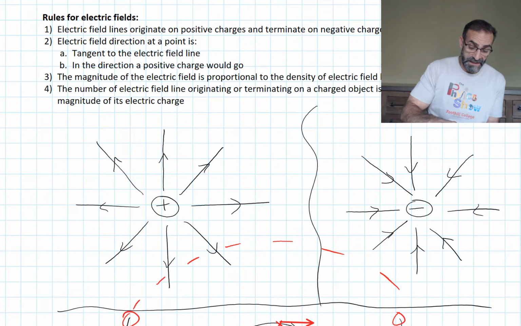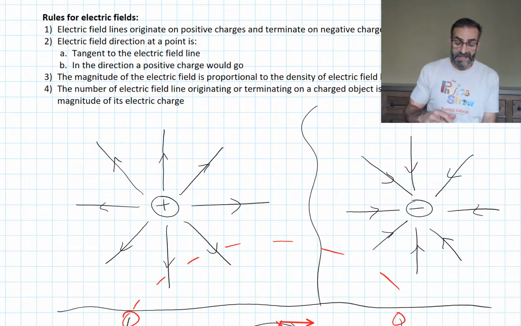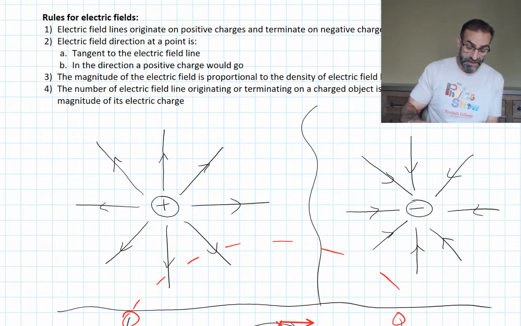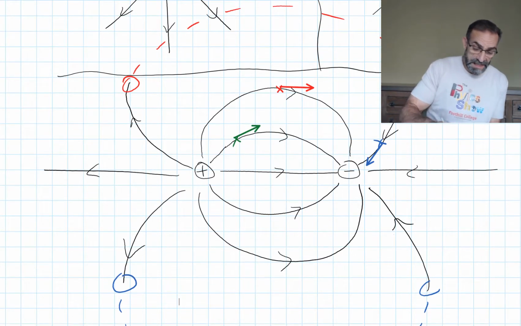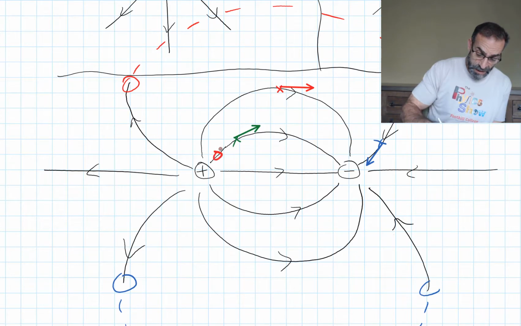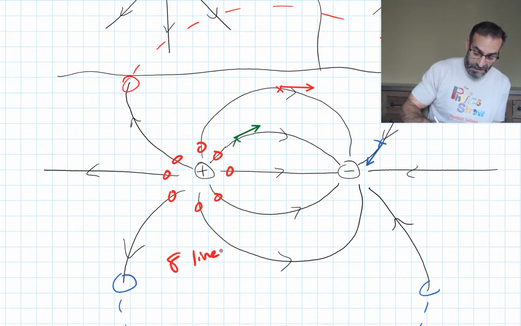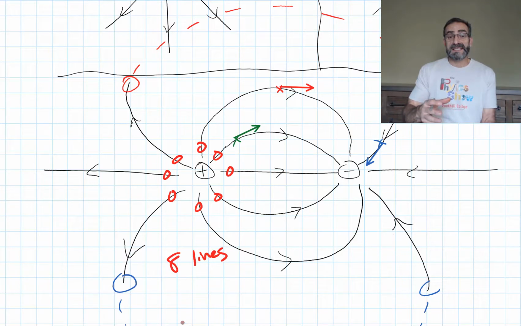And the last thing, the number of electric field lines originating or terminating on a charge is proportional to the charge. So here I have a negative and a positive, two charges. And let's count the field lines. I've got 1, 2, 3, 4, 5, 6, 7, 8. I have 8 lines originating on that positive charge.